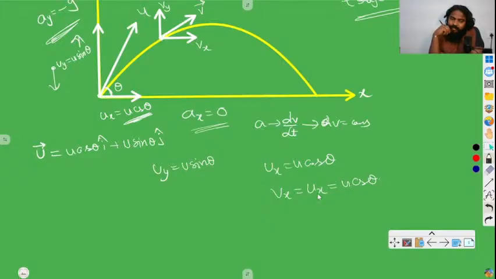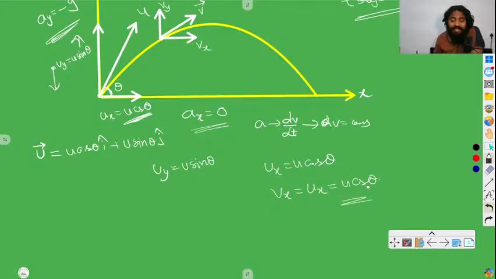But do remember, sometimes they will give you air resistance along the x-axis. Air resistance can give deceleration or acceleration. At that time you can use the formulas, but in projectile motion, along the x-axis there is no acceleration.